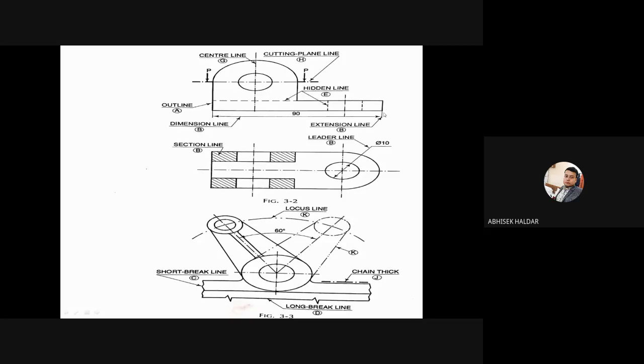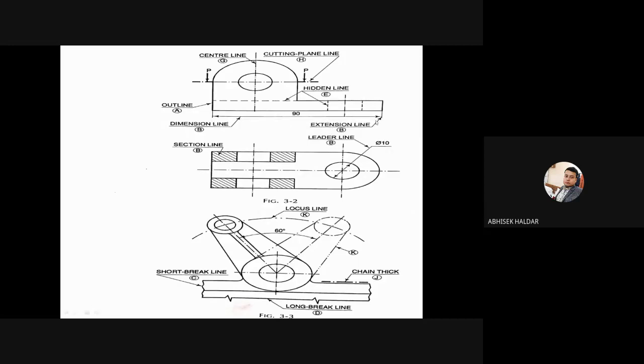There should be a gap of 1 or 2 millimeter, so this small line should not touch the edge point. These two lines are known as your extension lines.